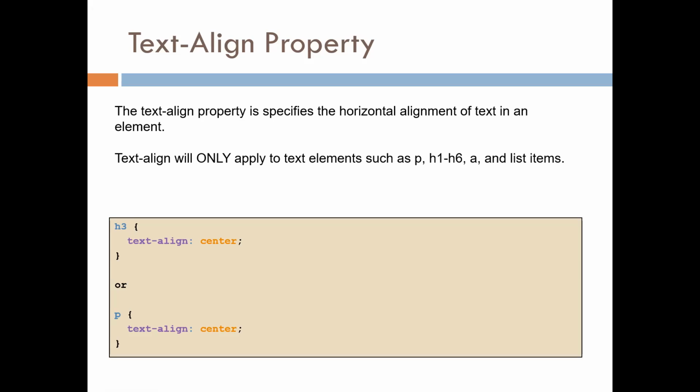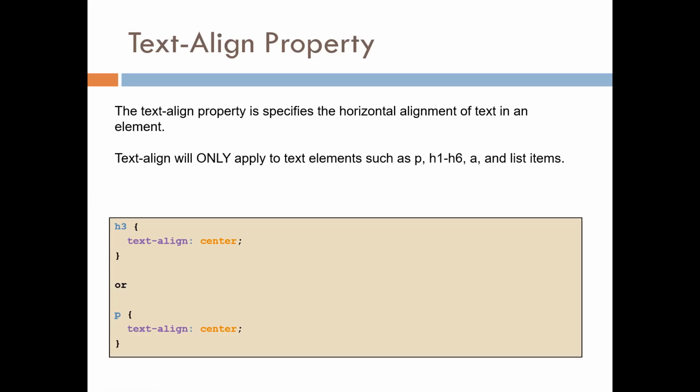Now, a little note here. We have list items that are both text and block. When we're centering list items, there are actually some different ways that we'll need to do them. We'll cover those in our practice pages. It's not super important right here, but keep that in mind. The list item is both a text and a block element, and they behave a little bit differently.